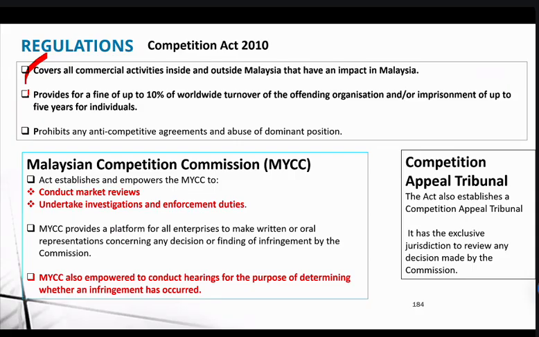Long story short, they caught these 5 companies accused of deliberately increasing the price of their products by getting together and deliberately doing that. They did the investigation and found them guilty. First they went to MyCC, then they lost, and then they tried to appeal under the Competition Appeal Tribunal. This month they already lost.